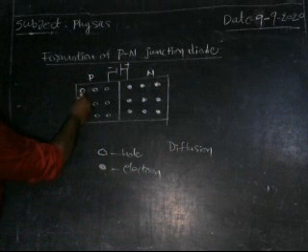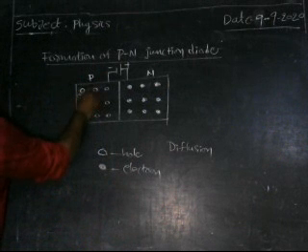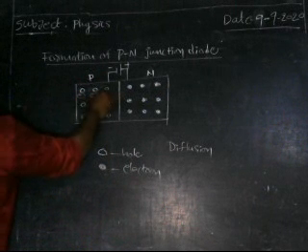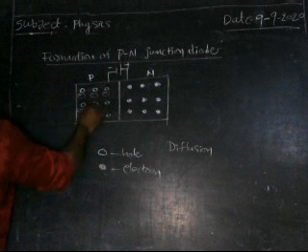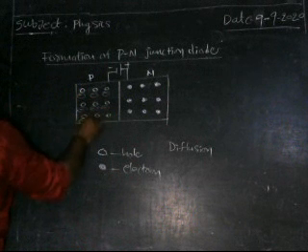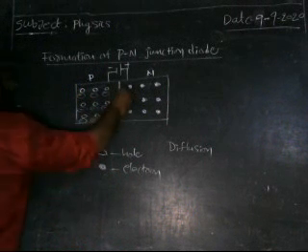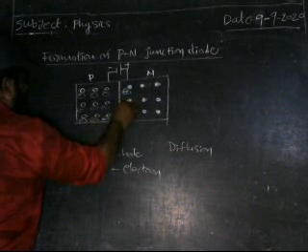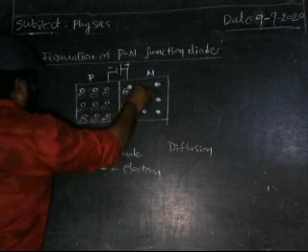During the diffusion, negative ions are left over in the P region and positive ions are left over in the N region.